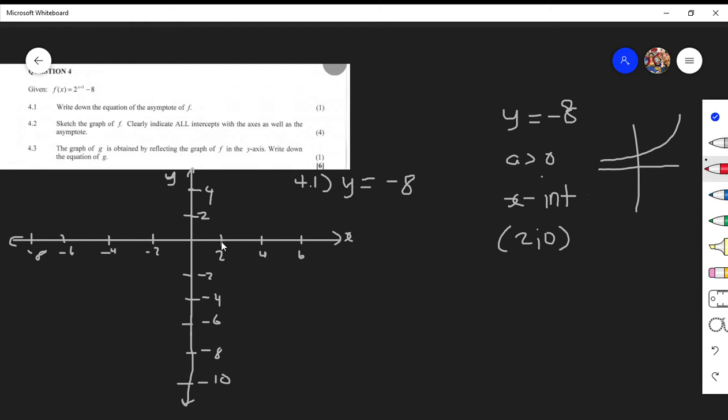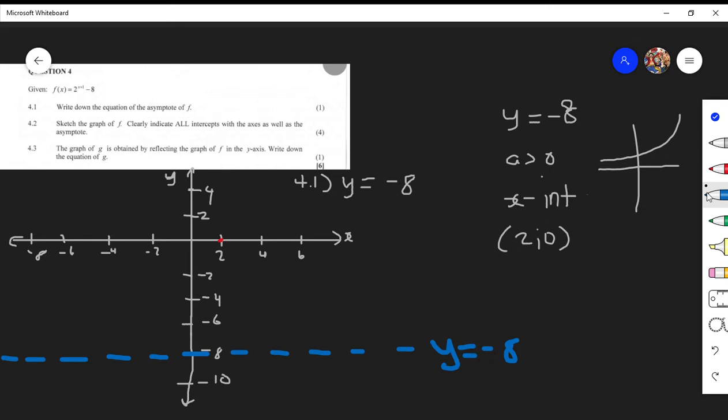So if our x-intercept is 2 and 0, it would be this point over here. And our y is equal to negative 8. So we'll have our asymptote line over here, y is equal to negative 8.